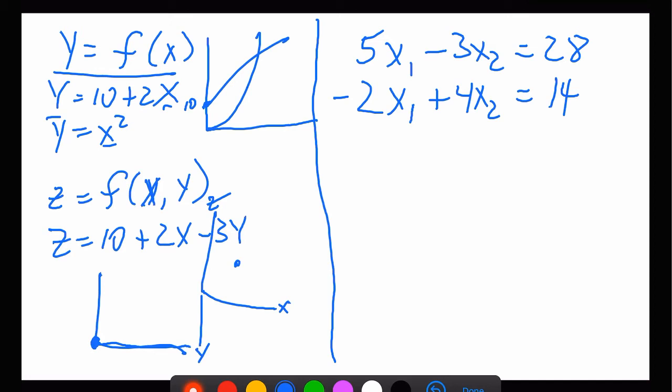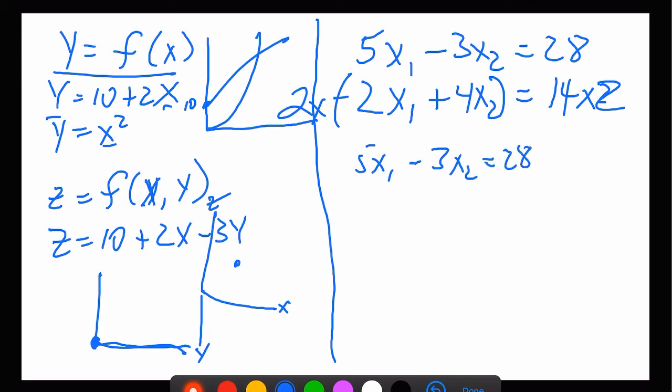We're going to come up with cooler ways to do it than you learned in elementary school, or whenever you learned how to do them. But we can say what? We can multiply this second equation times 2. And so we have 5x1 minus 3x2 equals 28.